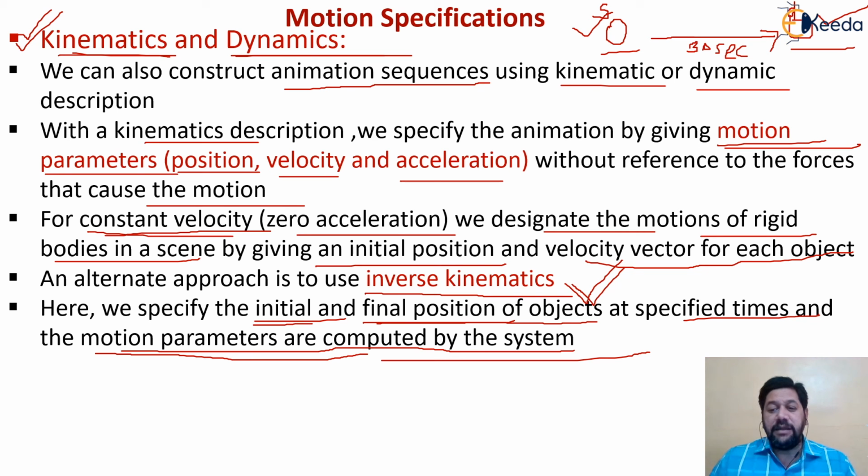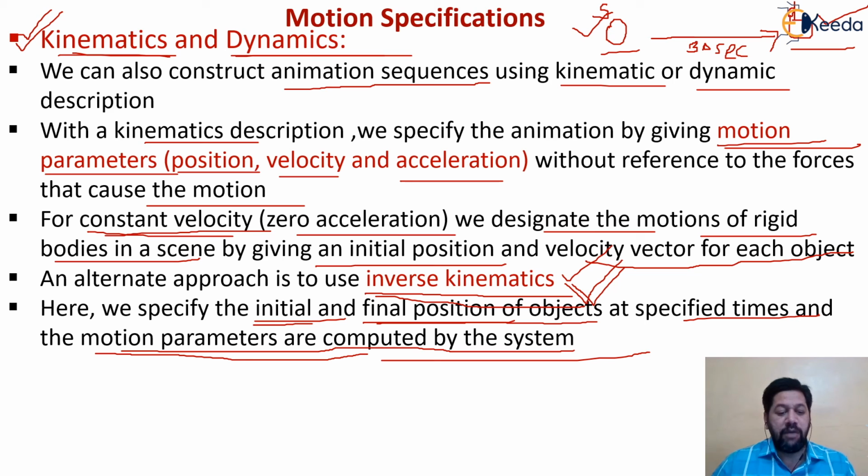Suppose I specify 10 seconds, I want to show it is running, so it will be fast. If I say it is 1 minute, it will be slow, and accordingly my computer is going to compute or calculate the motion parameters. This is known as the inverse kinematics method.